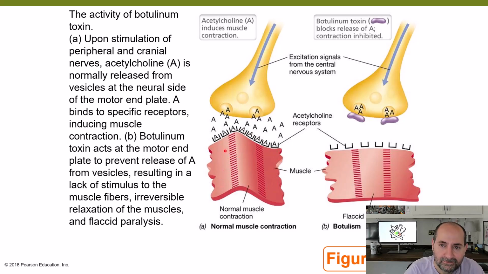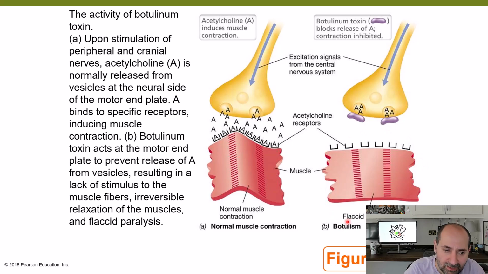Okay. Now, with the botulinum toxin, that's this purple thing here, the botulinum toxin blocks release of acetylcholine and it inhibits contraction. So you see, the toxin binds to this axon, preventing the release of acetylcholine upon excitation, and the muscle remains flaccid.